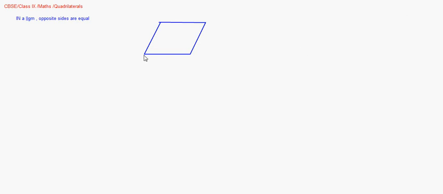We name it as A, B, C and D. This is given to be a parallelogram, we have to prove AB equal to CD and AD equal to CB.